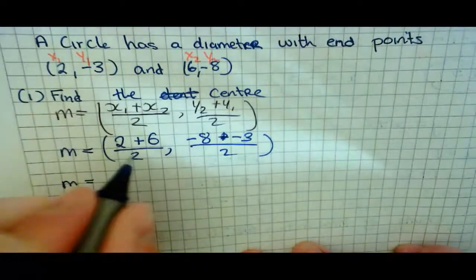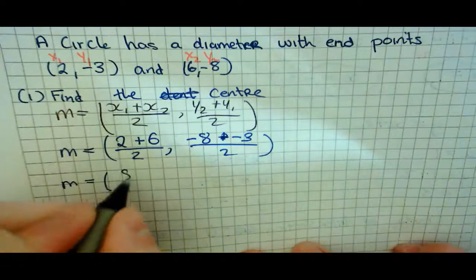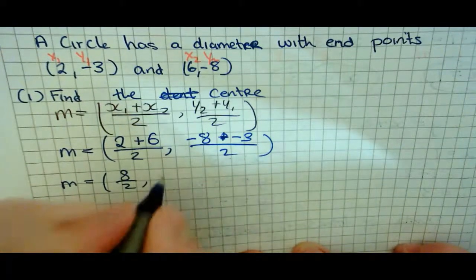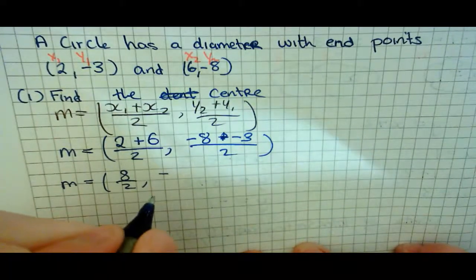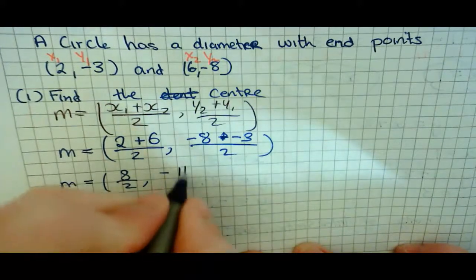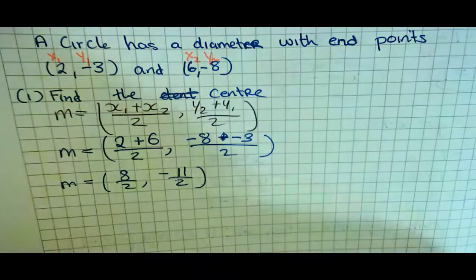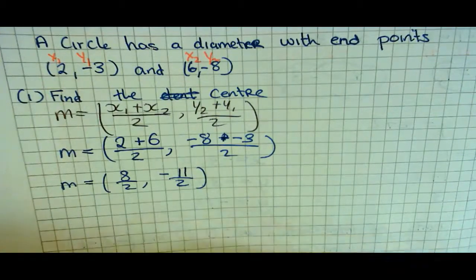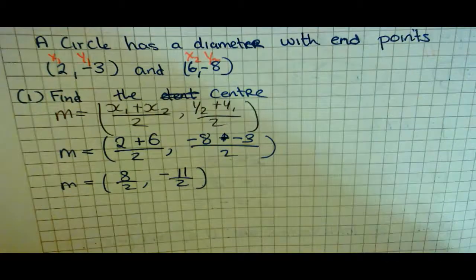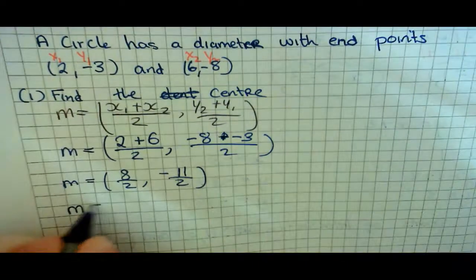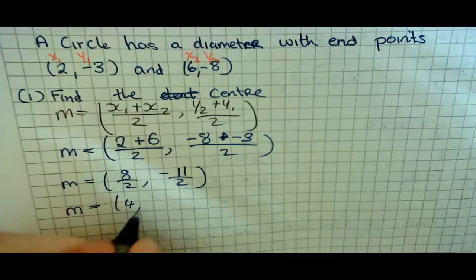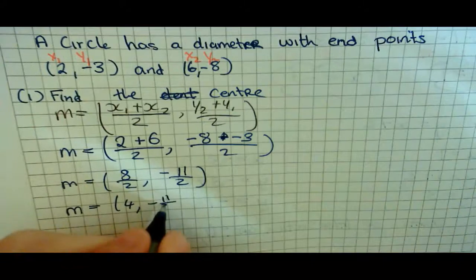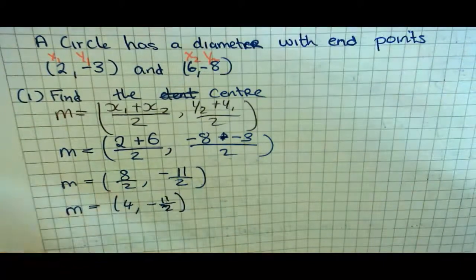Then that is equal to 6 plus 2 is 8 over 2, and minus 8 minus 3 is minus 11 over 2. So the centre of the circle there is 4, minus 11 over 2, or you can write it as minus 5.5 there.